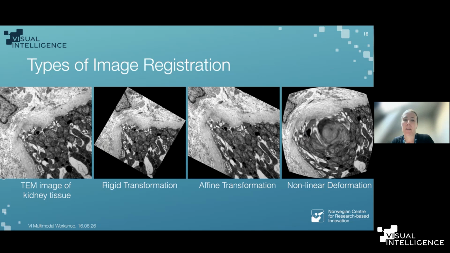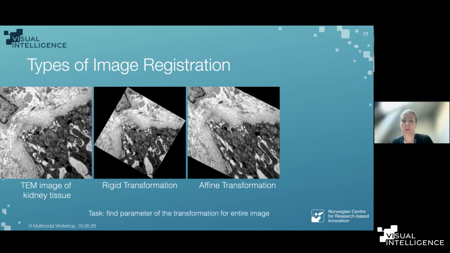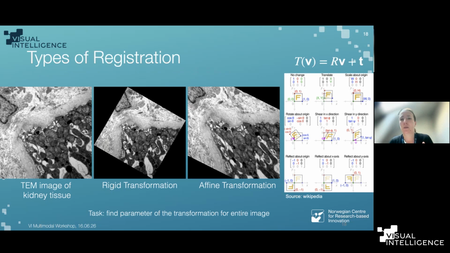And these first two, the rigid transformation and affine transformation, are similar in the sense that you're trying to find one set of parameters that transforms the entire image. And it can be solved by finding a particular transformation matrix that is then applied globally for the entire image.